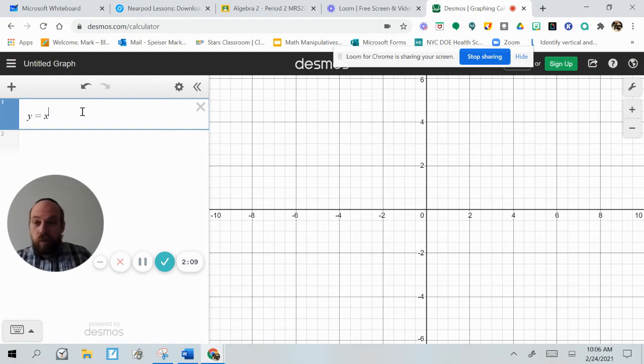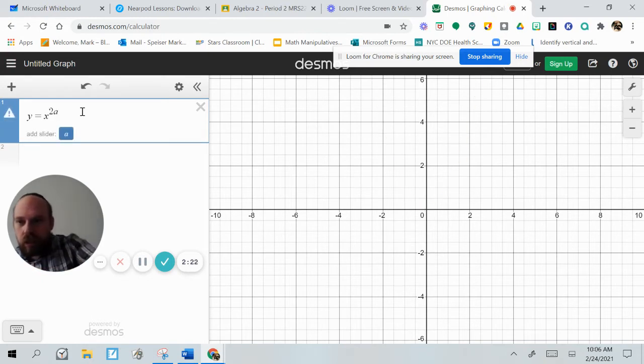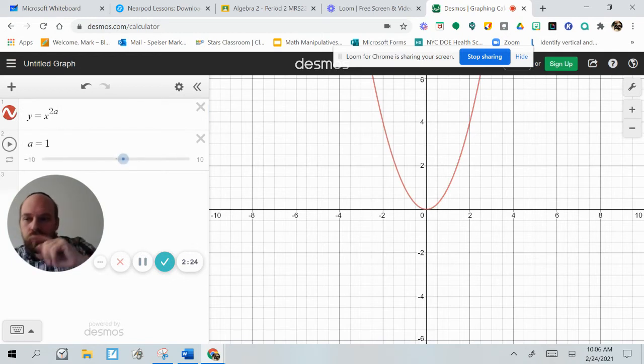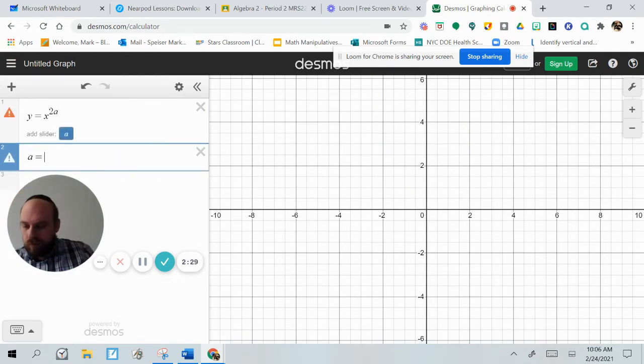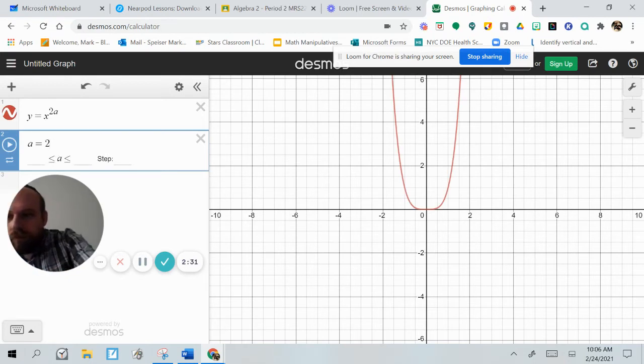And as we increase the power using even numbers, no matter what the even number is, it will always stay as a parabola.